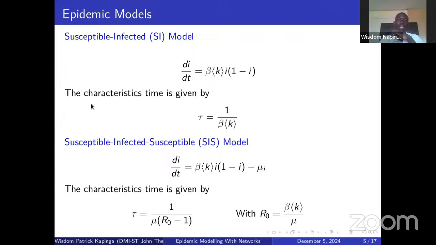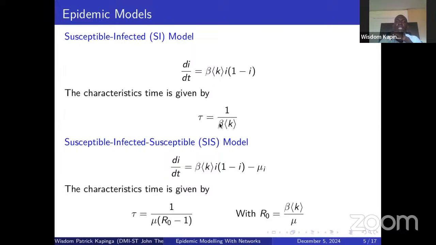And I was also defining a characteristic time, to say this is a time whereby you're looking at how long it takes for an infected person to infect a healthy person or someone who is in the category of susceptible. So this characteristic time is given as tau, which is equal to 1 over beta k.